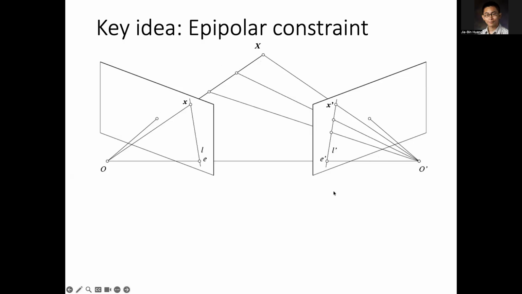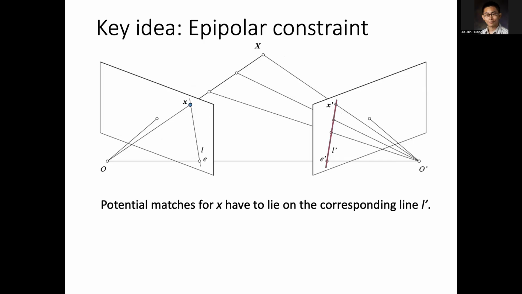They will not lie on every other location. Okay? So you can find the correspondence on possible locations here, depending on the depth of this point, right? So when you do the search, you don't need to search for all the possible locations. You only need to search over one-dimensional positions. Okay, does it make sense?